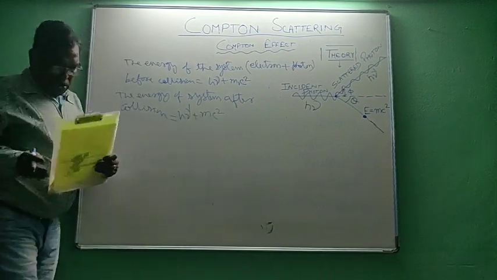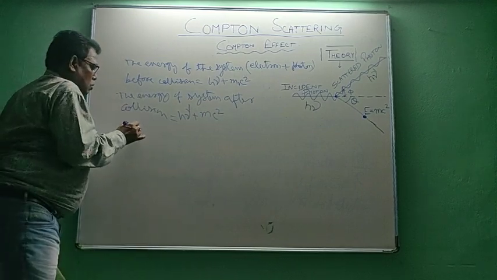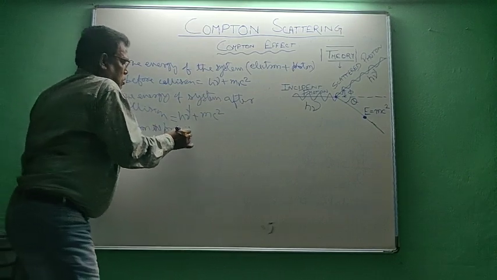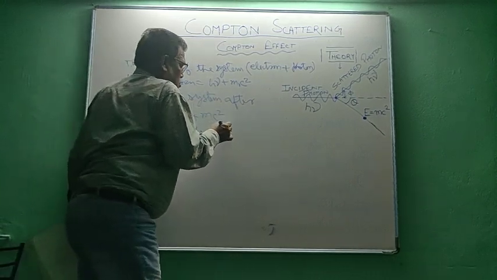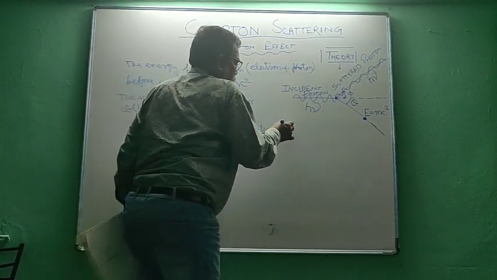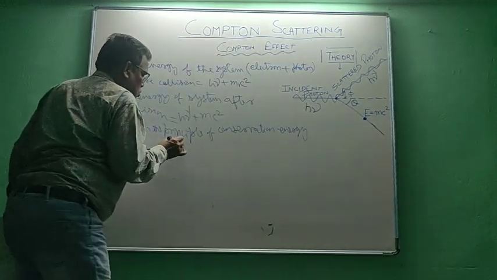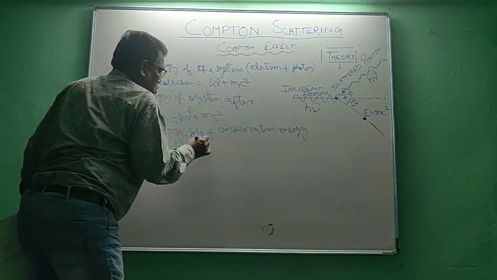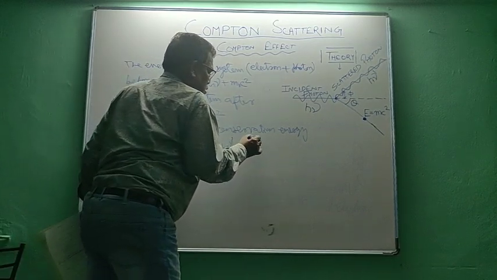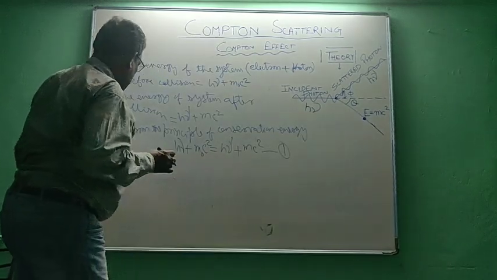And from the principle of conservation of energy, h nu plus m naught c square equals h nu dash plus mc square. Let this be equation number 1.